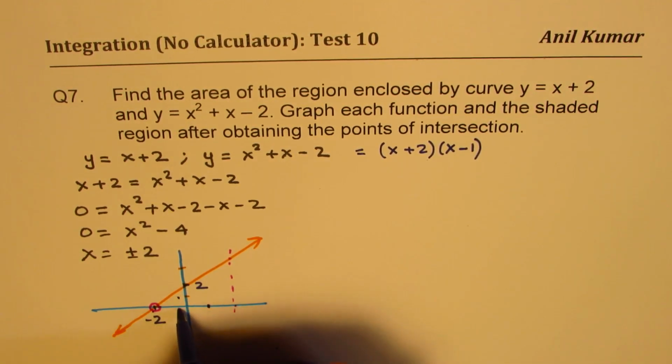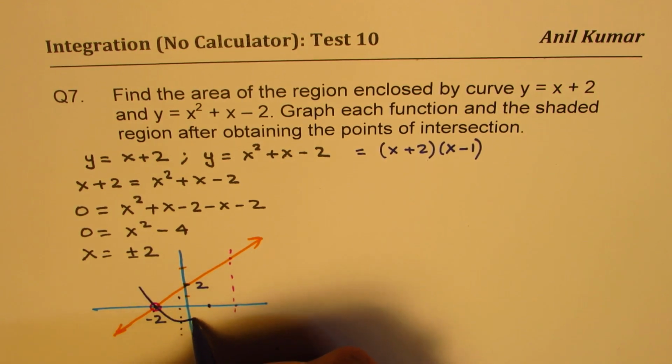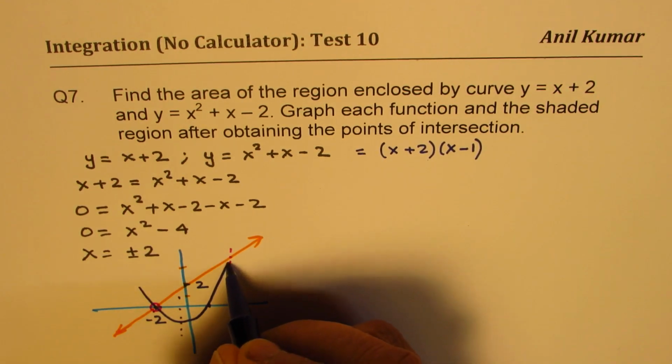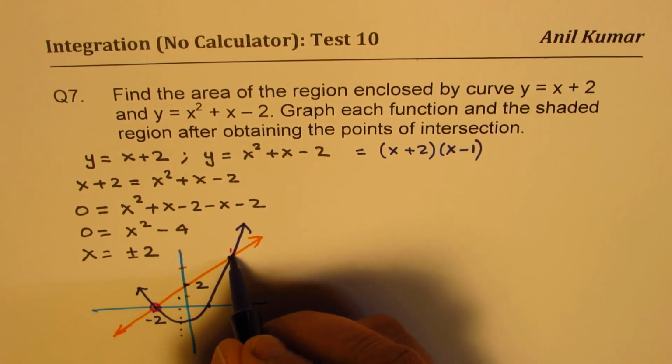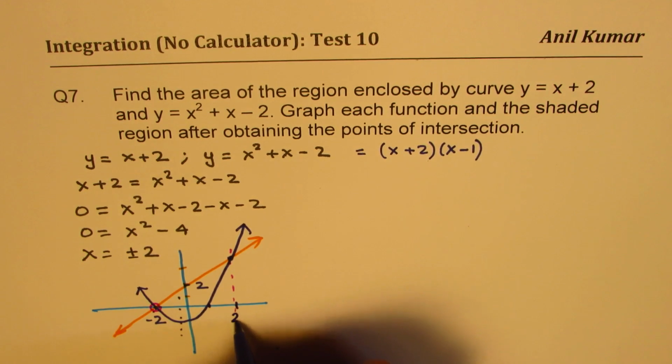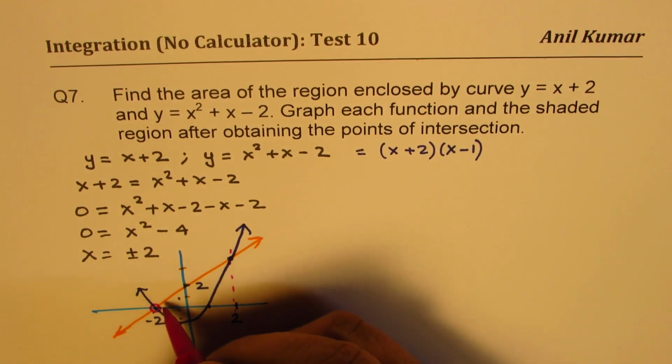So the vertex will be somewhere along this line. Let me just sketch a parabola here, going through these points and then through the intersection. Does that make sense to you? So this point is the point of intersection for x equals 2, correct? The area between the curves will be this shaded portion, clear?